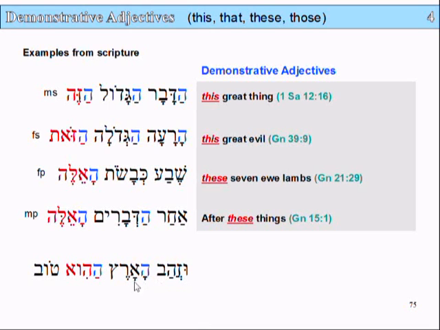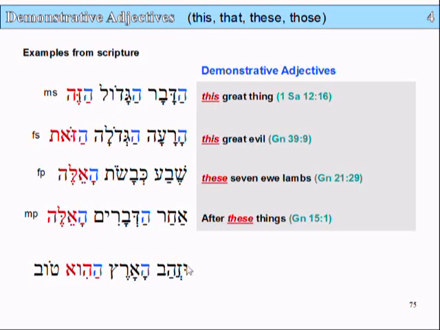Uzahav haaretz hahi, tov. And the gold, zahav is gold. The vav in front of here means and. It's a shurik, a vav with a little dot in it, meaning it's got a u sound.